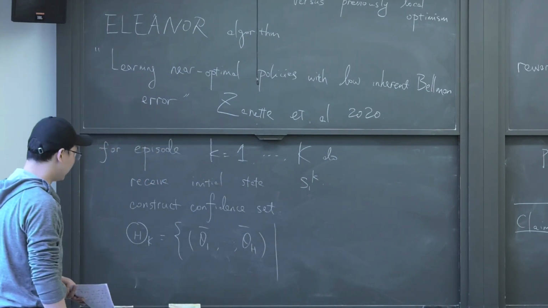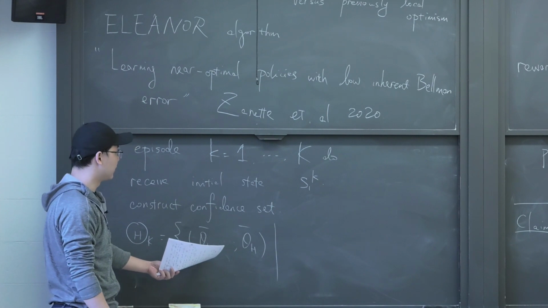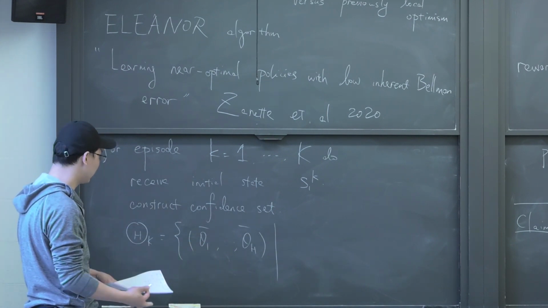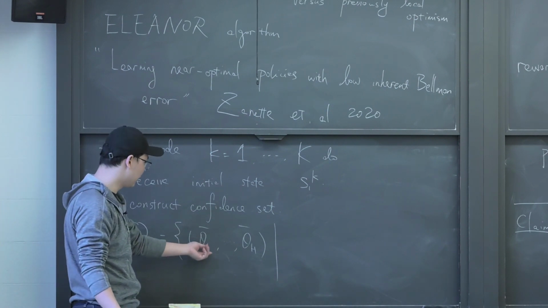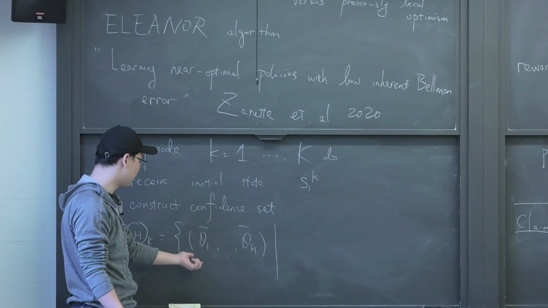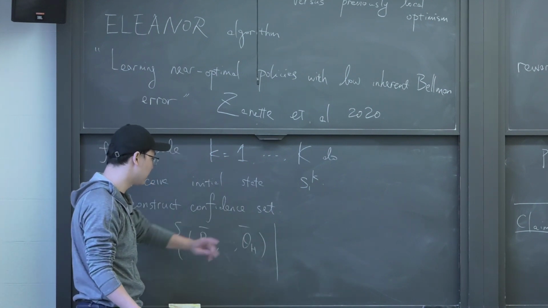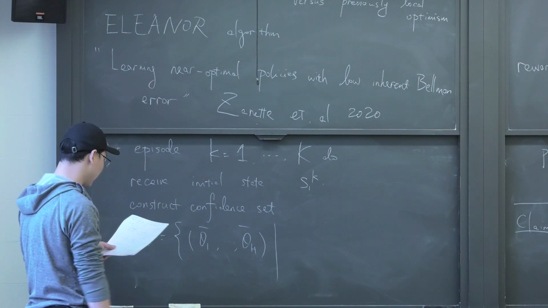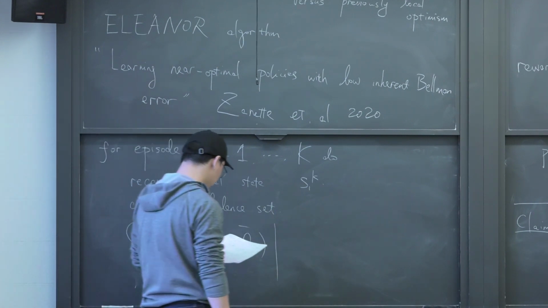You can think essentially theta is the weight vector, if we still use the linear value function. That means for the value at each step, we just need a weight vector. So theta_1 bar is a weight vector for the Q value at the first step, and theta_H bar is the weight vector at the last step.